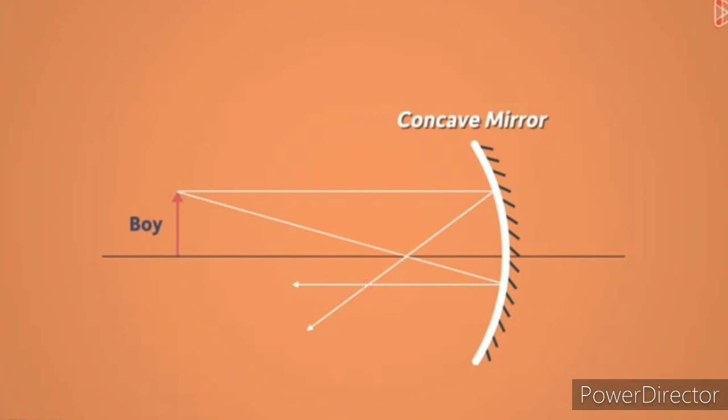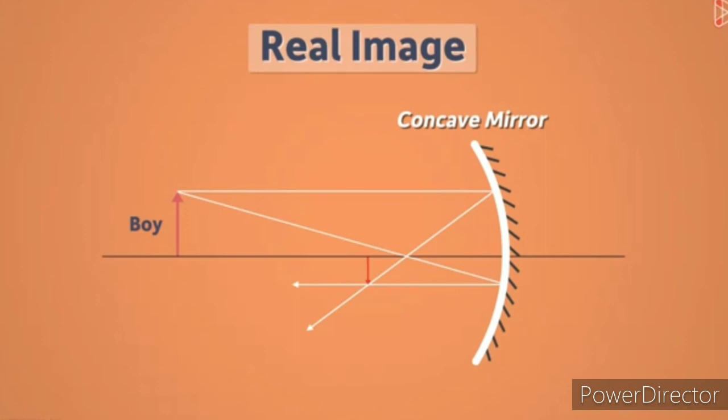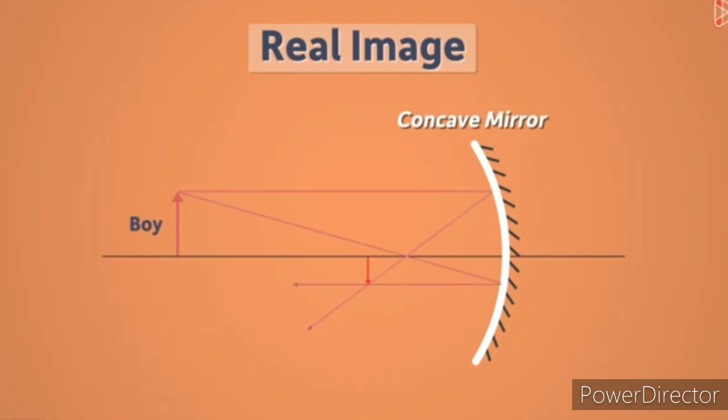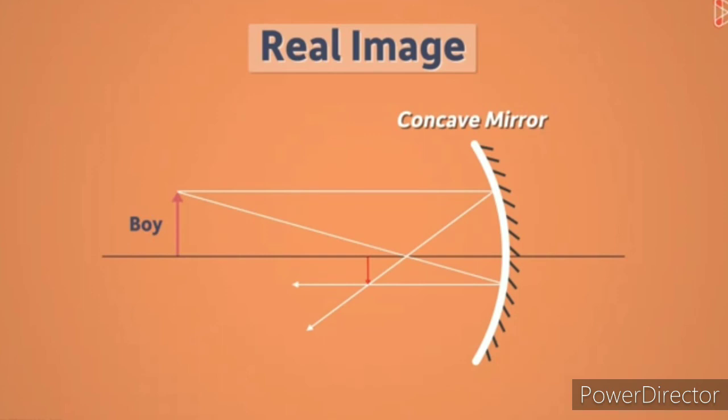And we can do something similar for the remaining points of the object too. We get this image. This is called a real image. It is the image formed when light rays converge after reflection from the surface.